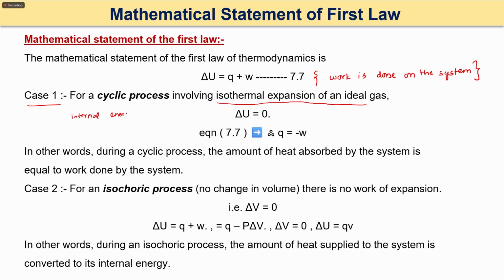Because if a cyclic process starts in state A, we do some work, and we again reach state A, do you think there will be a change in the internal energy of the system?